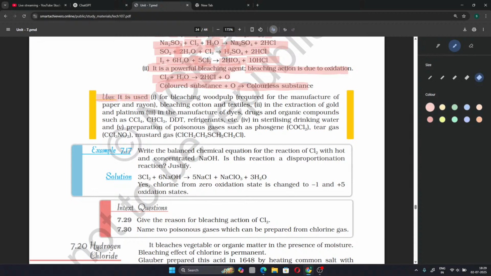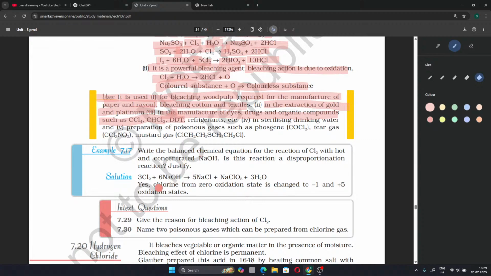Uses: it is used for bleaching wood pulp, required for the manufacture of paper and rayon, bleaching cotton and textiles, the extraction of gold and platinum, manufacture of dyes, drugs and organic compounds such as CCl4, CHCl3 chloroform, DDT.